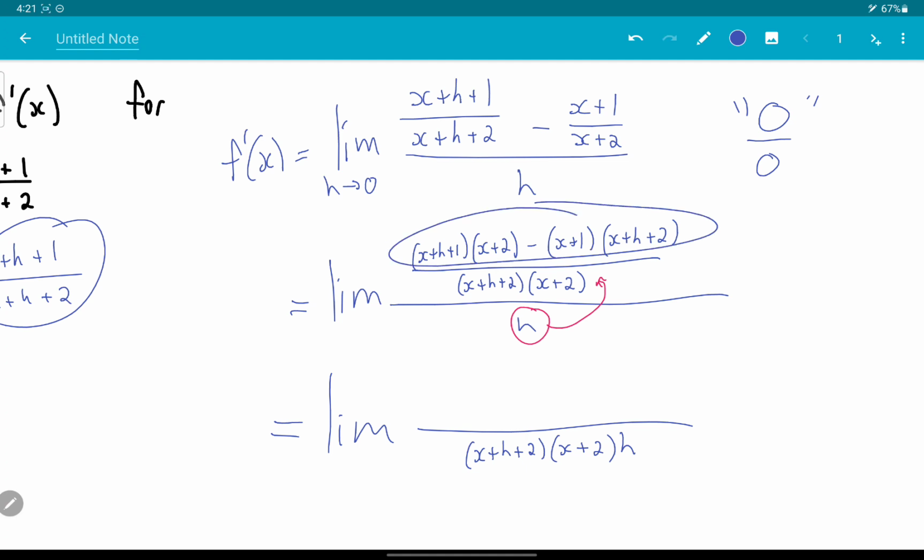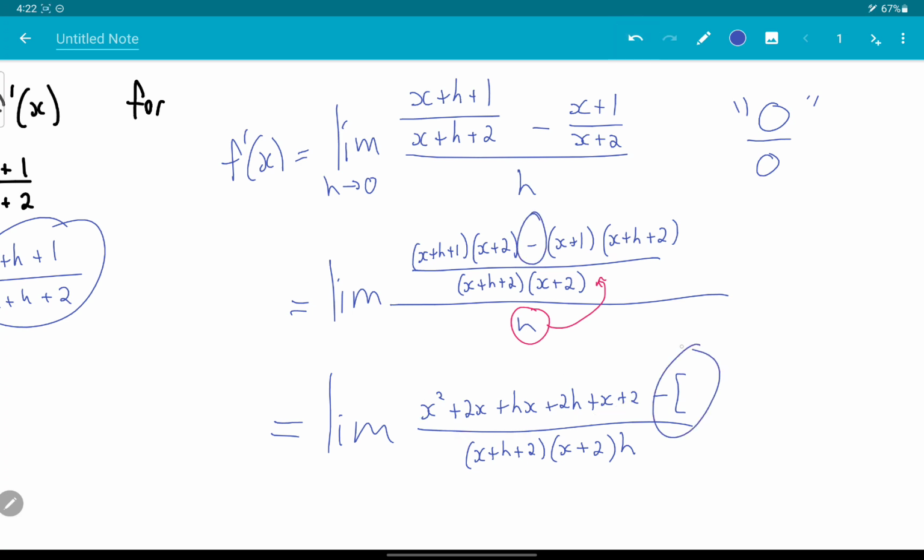Now this awful thing, I will just expand it out. What do I get? So over here, just expanding, I get x squared plus this. So the first multiplication ends up here. And I got a minus, so I automatically just put a bracket in here. It's going to be important.